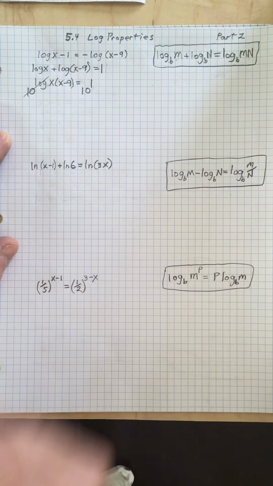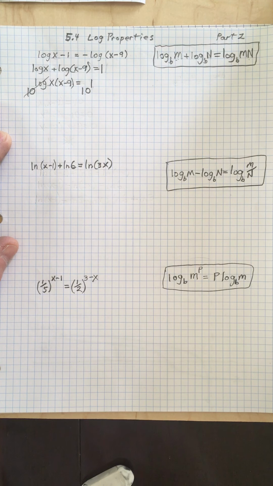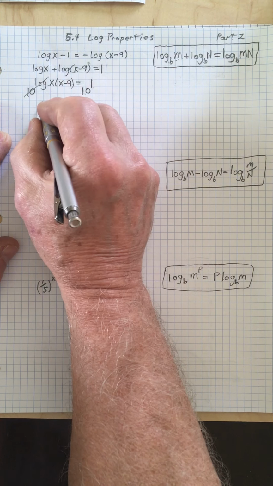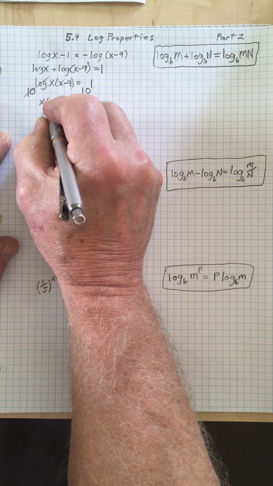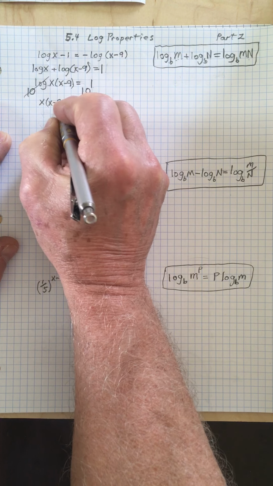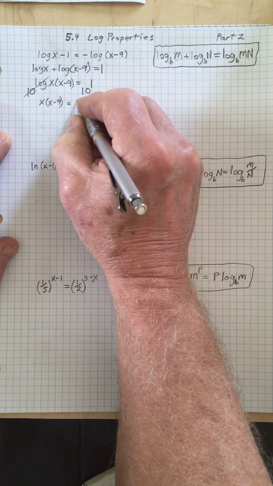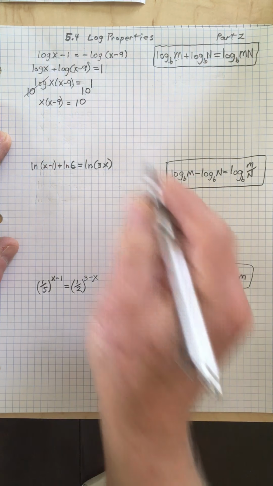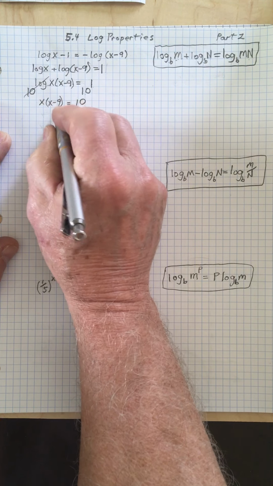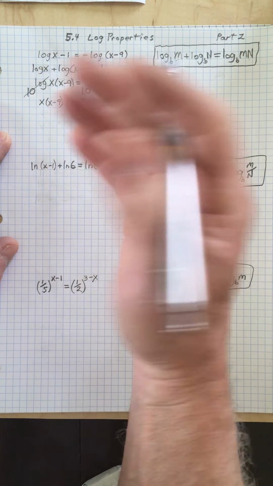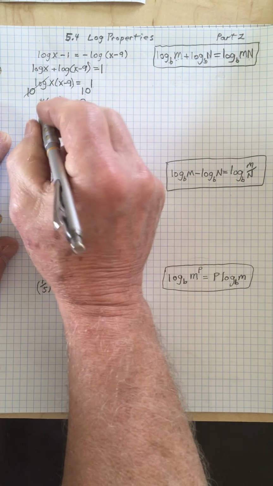When the base and the log with the same base match, they cancel, so that just leaves x times x minus 9. And over here on this side, 10 to the first power is 10. Multiply this, because what I'm going to need to do is expand this, set it equal to 0, find the zeros to get our solutions.